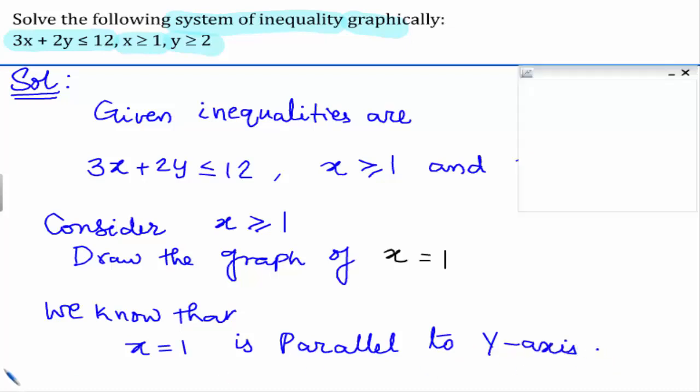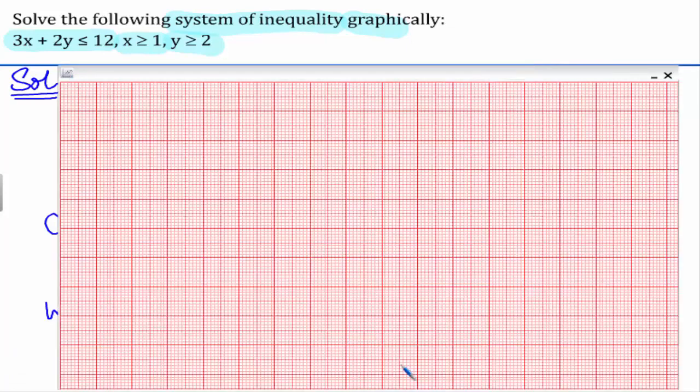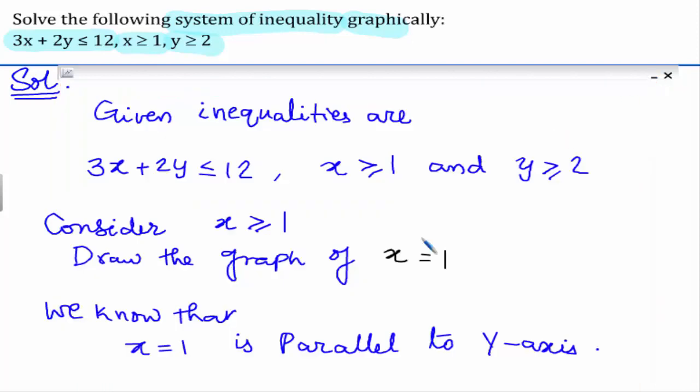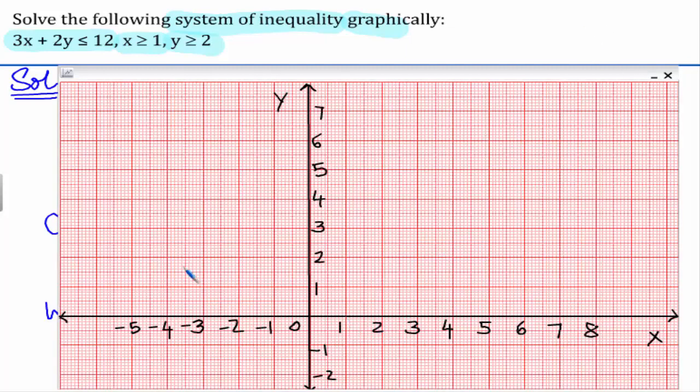Now let us draw the graph now. Now in this graph, here is the x-axis and this is the y-axis, and x is equal to 1 is parallel to y-axis and intersects the x-axis at 1. That means here is the 1. So the line will be like this.